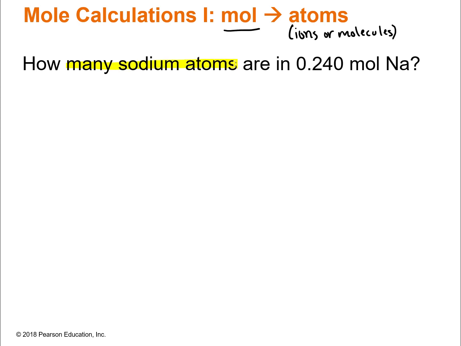We don't have a number for sodium atoms, so that means that's something we have to figure out. And what we're given is 0.240 moles of sodium. Well, what I'm given, it's got to be the number, right? This is what's given. What we need to know is how many atoms.